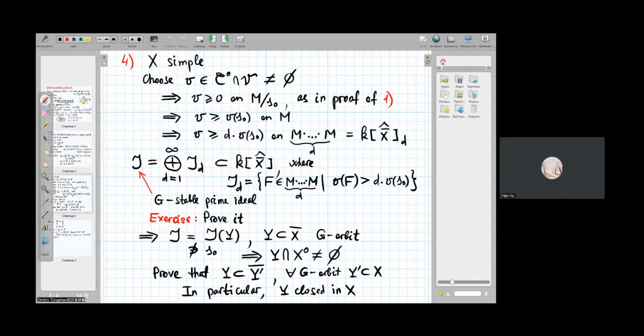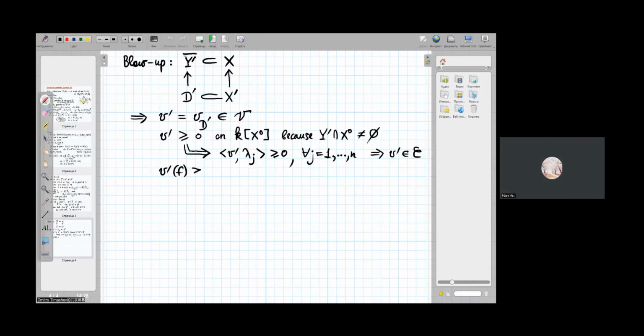So what we are doing, we are proving this inclusion. So we have taken any orbit Y prime. We have blown up this orbit. We obtained a G-stable divisor on another spherical variety, birationally isomorphic to X. We obtained this vector, we proved these inequalities, we proved that this vector belongs to the cone C.